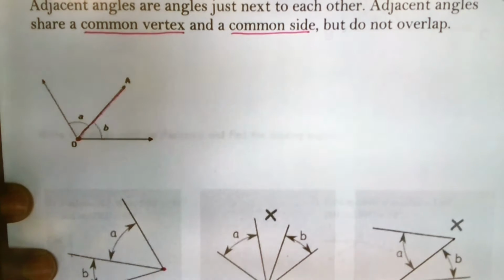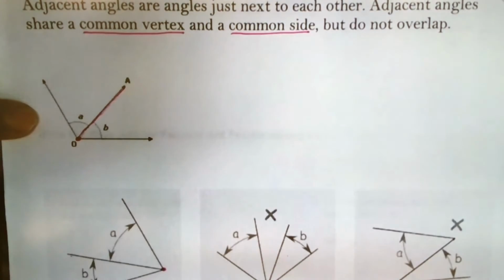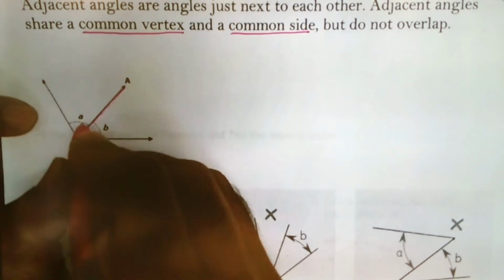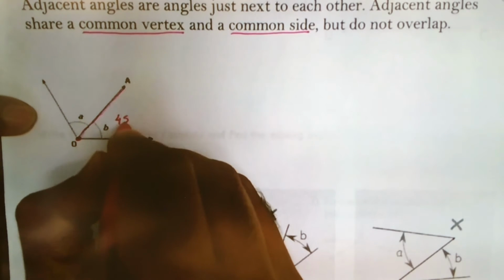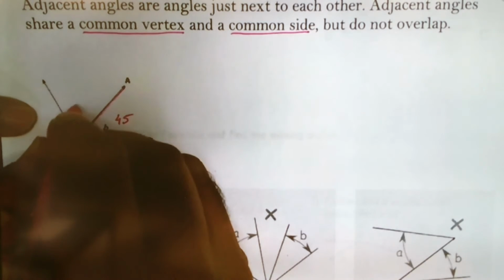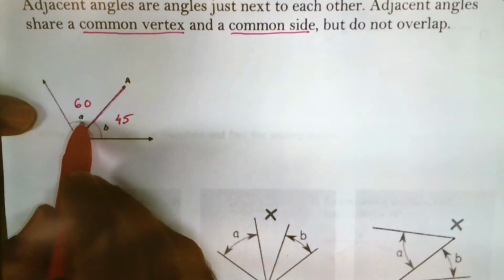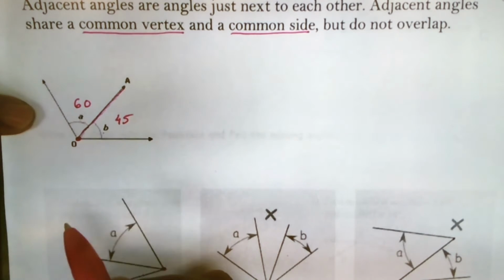So let us move on to the next one. You can see that these two angles are adjacent. For example, let me put this angle approximately 45 degrees and this angle almost 60 degrees. So I have two angles: the small angle A is 60 degrees and small angle B is 45 degrees.